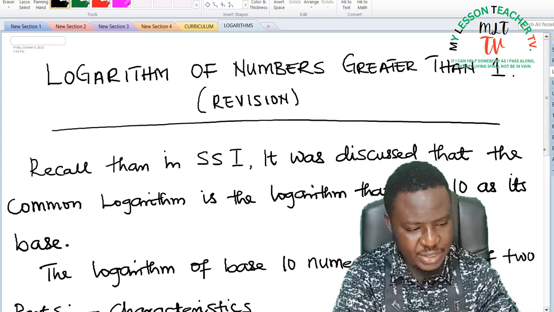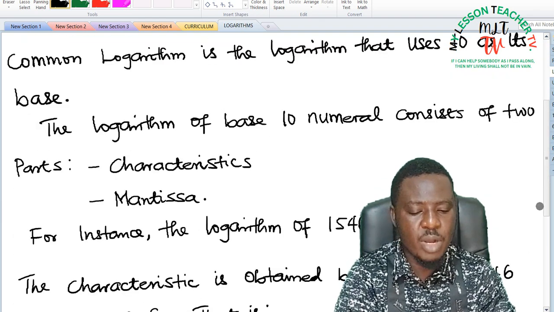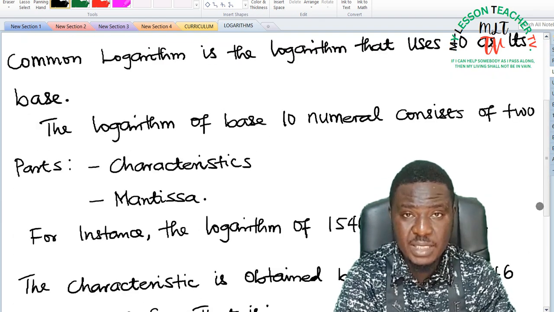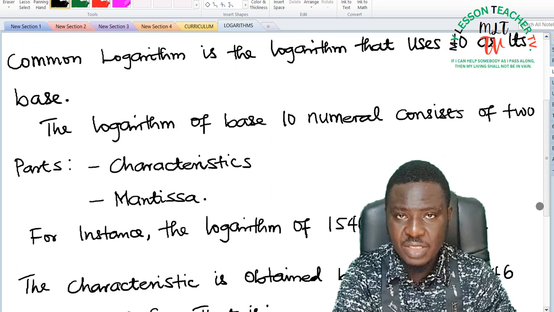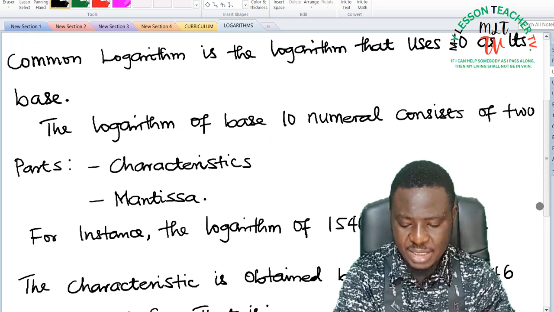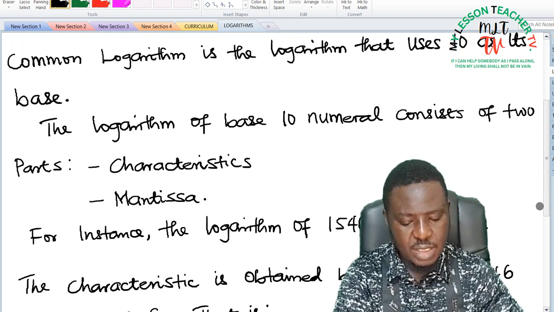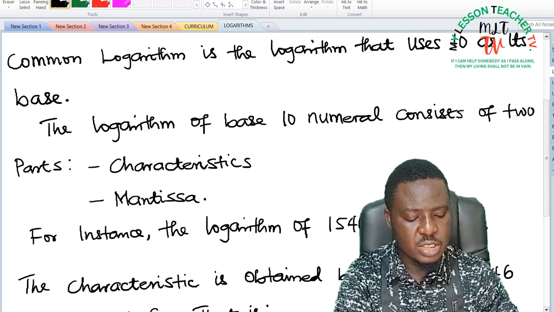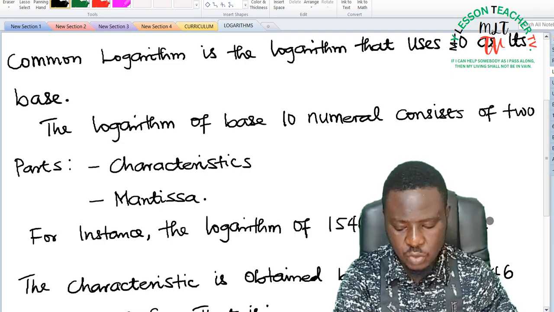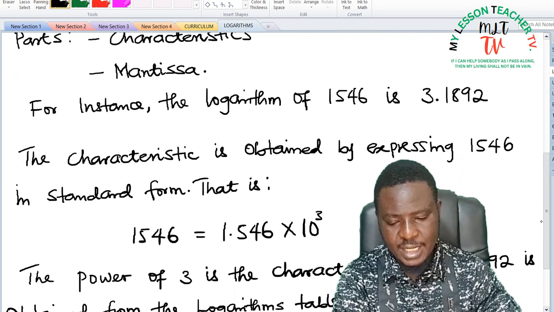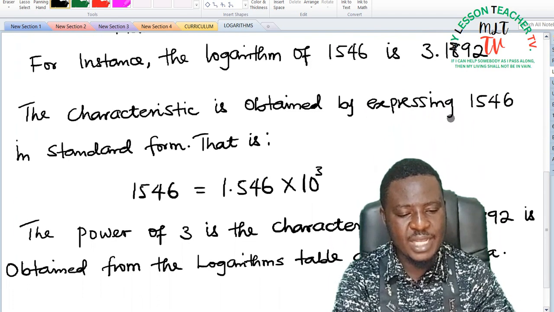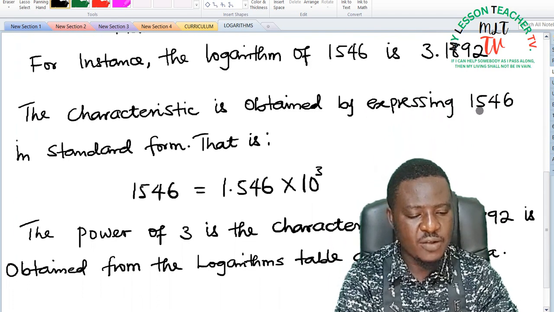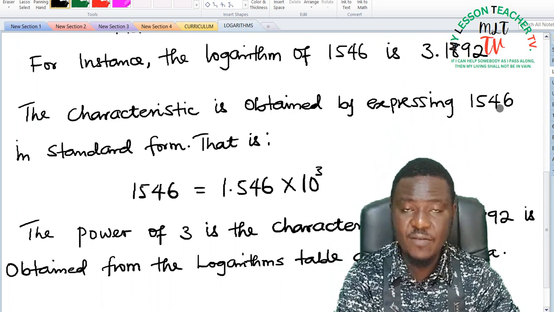Recall that in SS1, it was discussed that the common logarithm is the logarithm that uses 10 as its base. The logarithm of a base 10 numeral consists of two parts. We have the characteristics and the mantissa. For instance, the logarithm of 1546 is 3.1892. The characteristics is obtained by expressing 1546 in standard form.